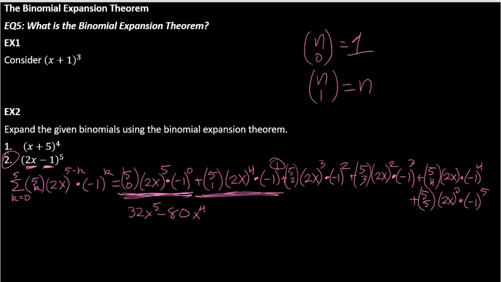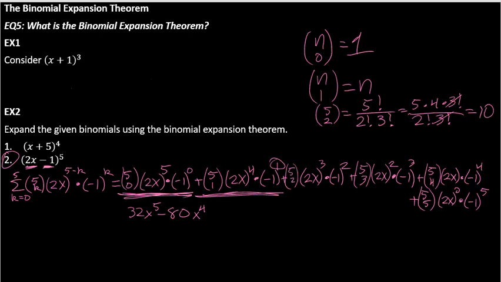Okay, and then we're going to have 5 choose 2, we're going to have to actually write that one out. So 5 choose 2: 5 factorial over 2 factorial times 3 factorial. 5 times 4 times 3 factorial. Those will cancel out. We'll end up with 20 over 2, which is 10.